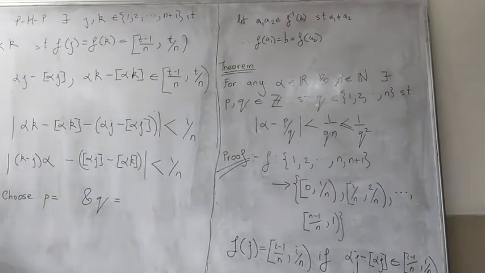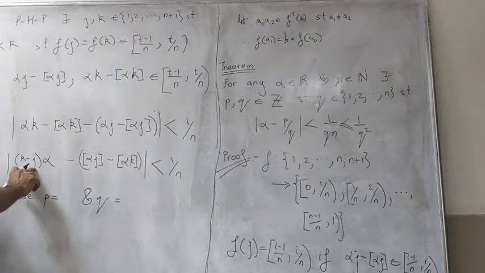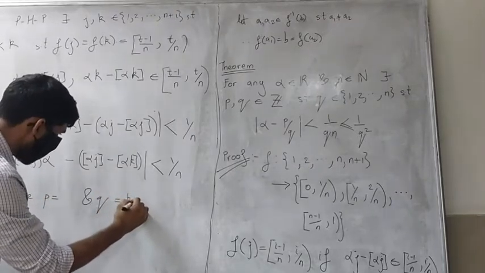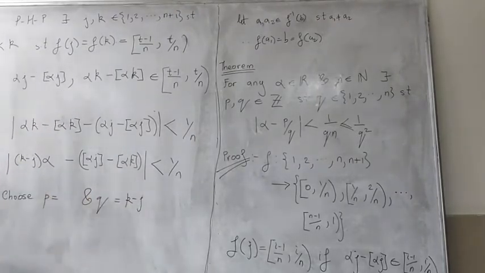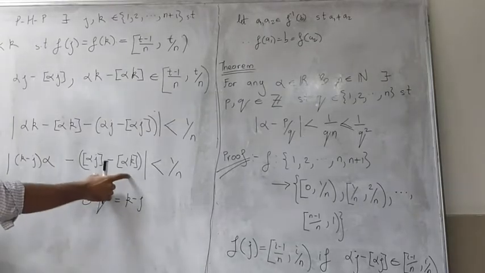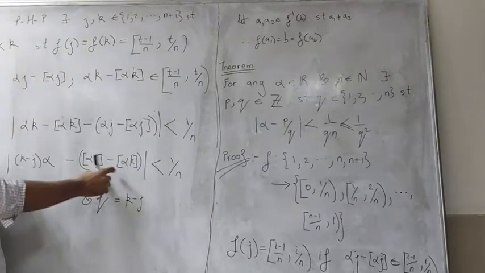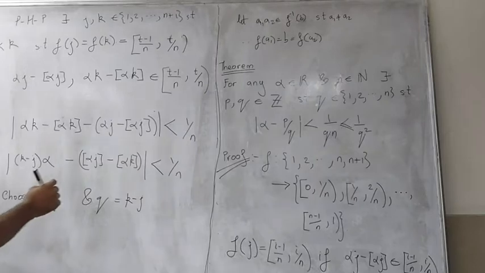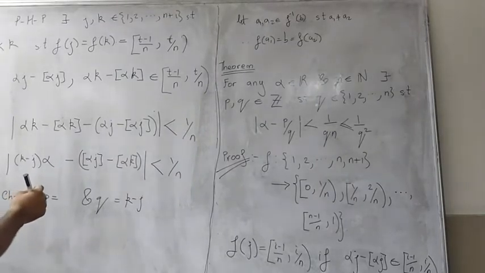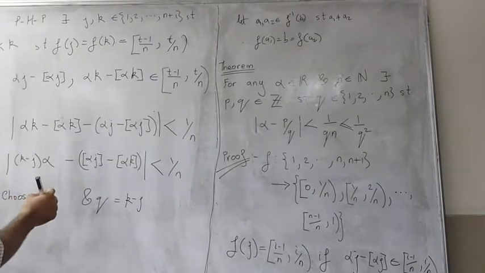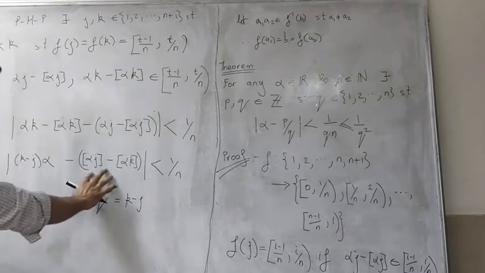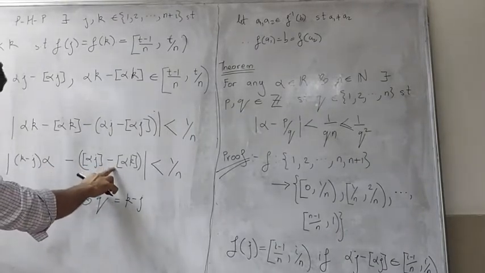What is Q? k minus j, right? Q is k minus j. And what is P? This portion, right? This is an integer. This is the greatest integer and the greatest integer, not plus. Why plus? This is fine. This has become plus.